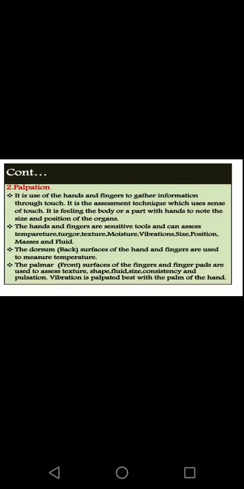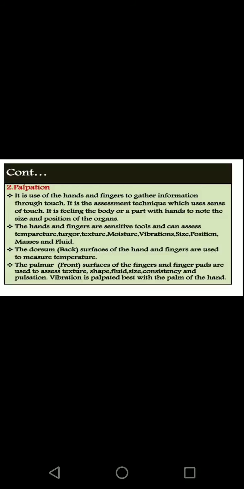The dorsum, the back surface of your hand and fingers, is used to measure temperature. We almost always check temperature by this method. Then the palmar surface, that is the front surface of your fingers, and the finger pads are used to assess texture, shape, fluid, size, consistency, and pulsation.